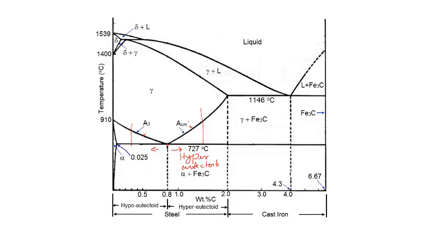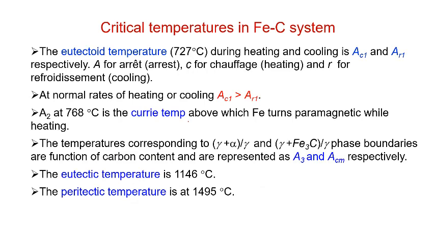And then apart from that, you also have, of course, the eutectoid temperature itself at 727 degree Celsius, and it is given a different name depending on whether you are cooling or heating, letting the eutectoid transformation occur. So, if you are doing it during heating, then this will be marked as AC1, and for the cooling case it is marked as AR1.